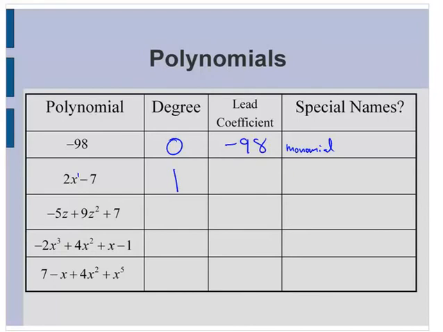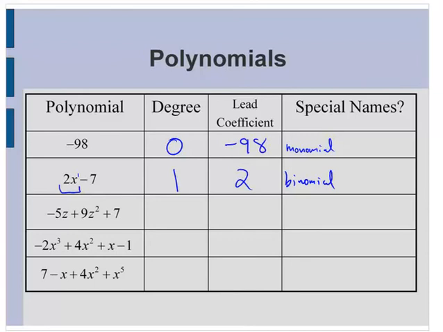The lead coefficient is the coefficient of the monomial with highest degree. So we're looking at this monomial. The lead coefficient is 2. This is called a binomial because it has two monomials. Bi meaning the prefix for 2.